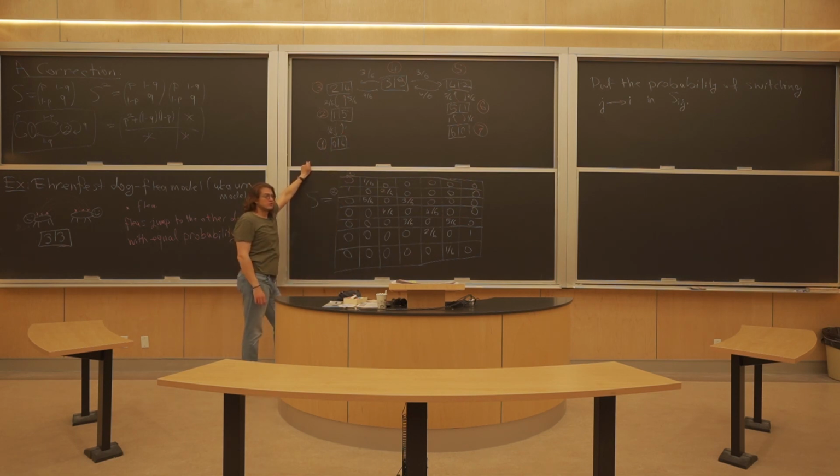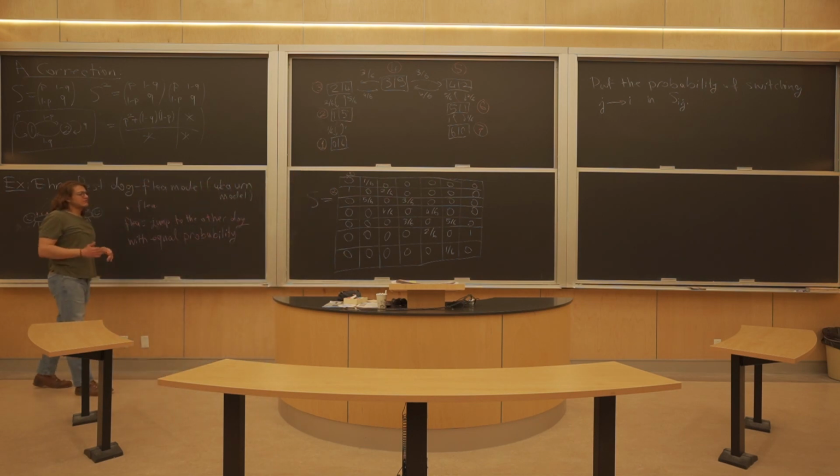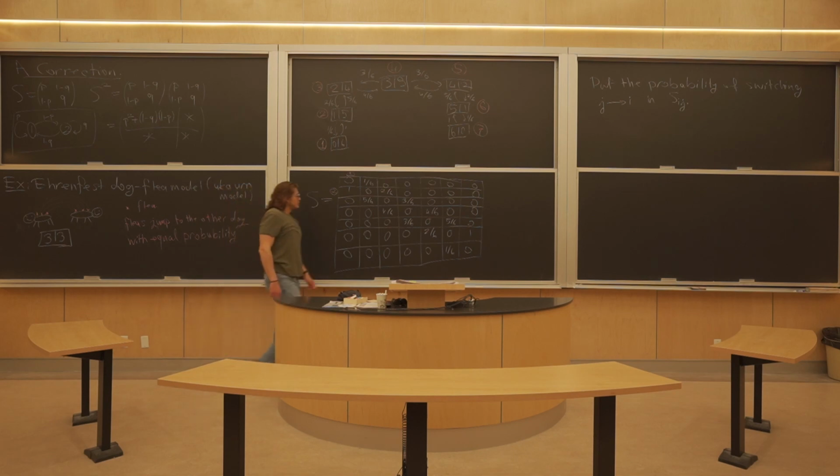And then there's no way for you to get from state 1 to state 3, so it's a 0? Exactly, yes. So in my model, I'm thinking that at every time evolution, exactly one flea switches to the other side. Okay.